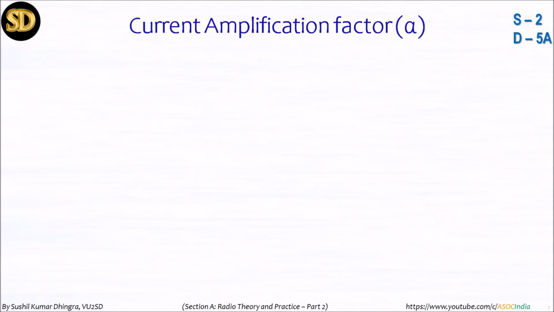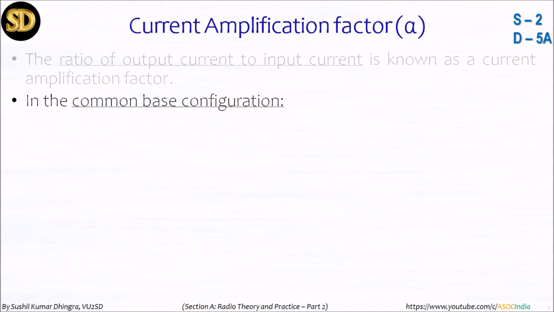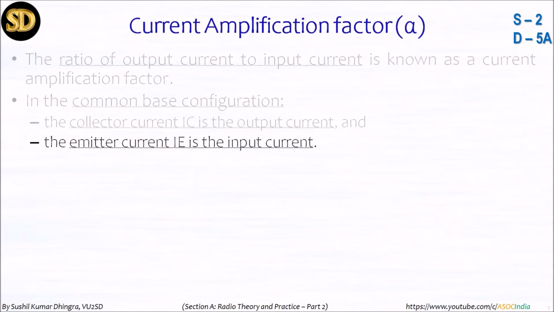That is very important. Sometimes the examiner asks what is alpha, what is the ratio. This is the ratio of output current to input current, and this is called the current amplification factor. In the common base configuration, the collector current IC, I is current, C is collector, is the output current, and the emitter current IE is the input current.